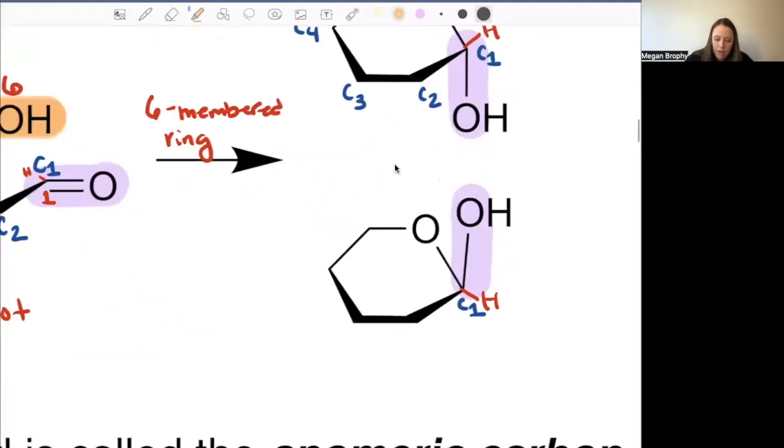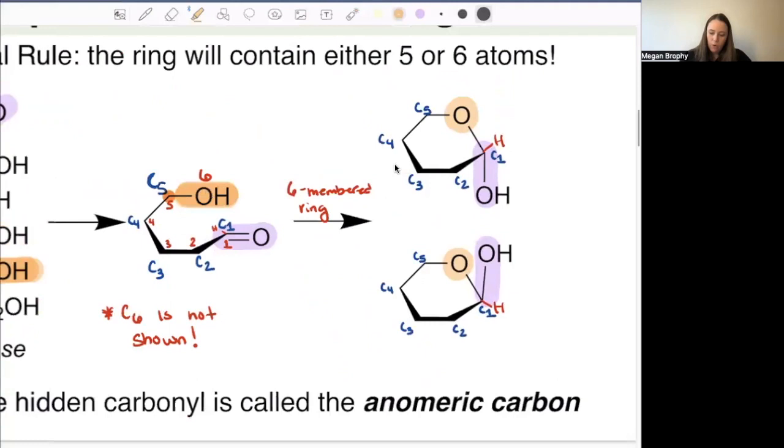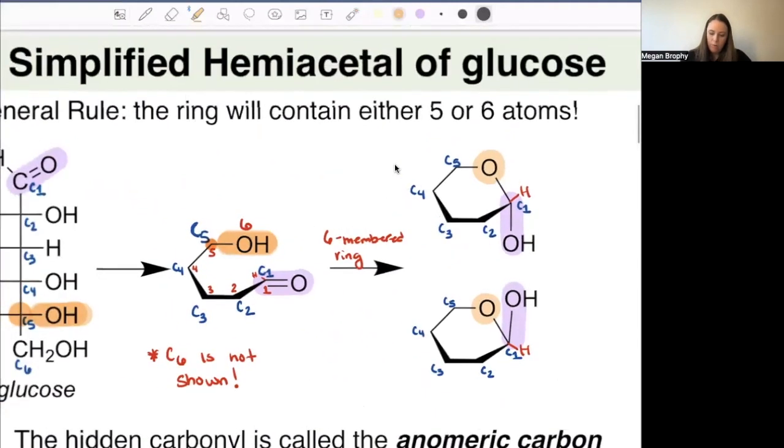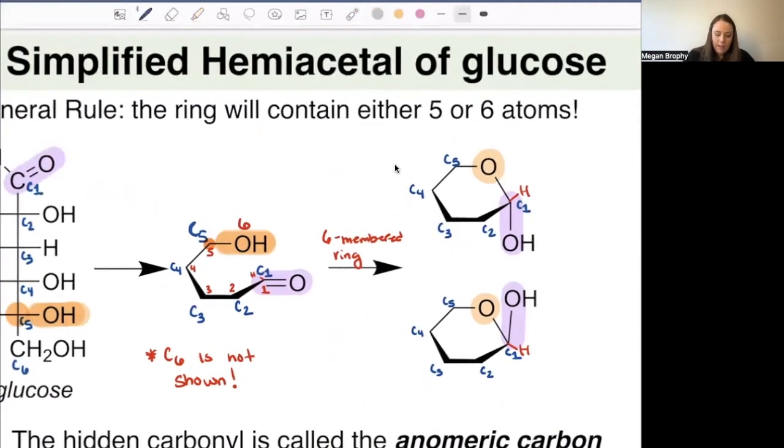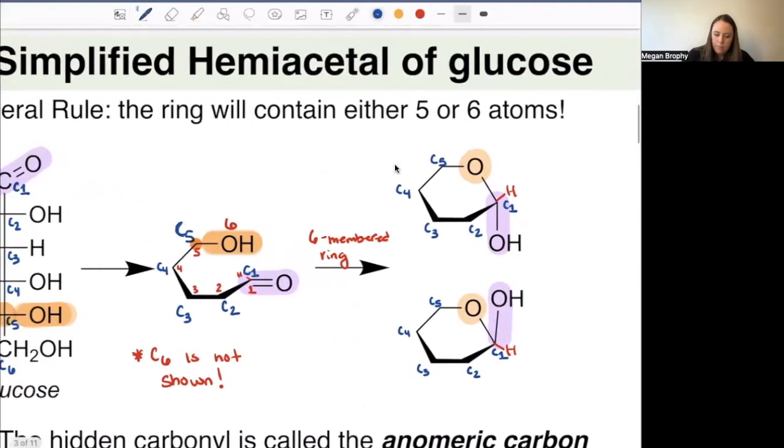And then for our bottom isomer, we have C1, which we already labeled, C2, C3, C4, C5, and then the oxygen that was part of our hydroxyl group. So in both cases here, we're making a new cyclic hemiacetal. So these are cyclic hemiacetals, and we can make 2 separate isomers.